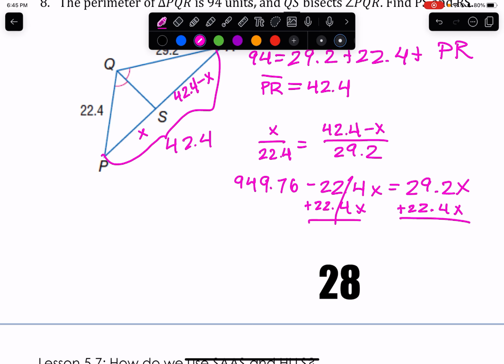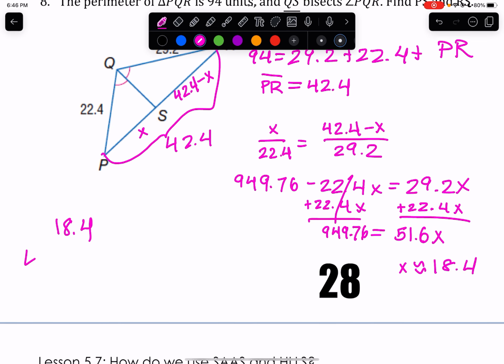So we have 29.2 plus 22.4, 51.6x equals 949.76. So 949.76 divided by 51.6, x is equal to about 18.4. So if one piece is 18.4, we subtract from our total to get that the other piece is 24.